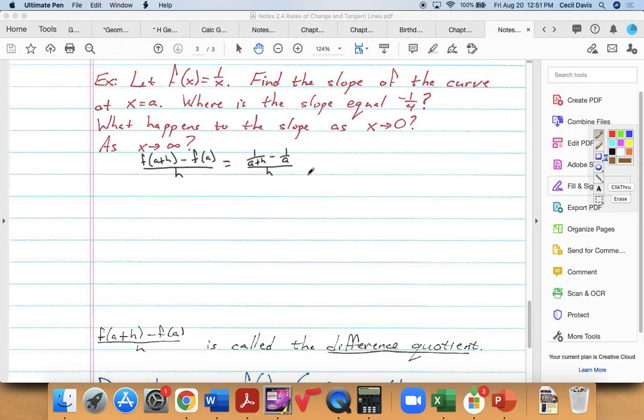Now, we can't simplify it the way we did on the previous problem. What we can do, though, this is called a complex fraction. I've got a fraction within a larger fraction. The easiest way to simplify that is normally to get rid of these denominators by multiplying everything in the numerator and everything in the denominator by both denominators, a plus h and a.